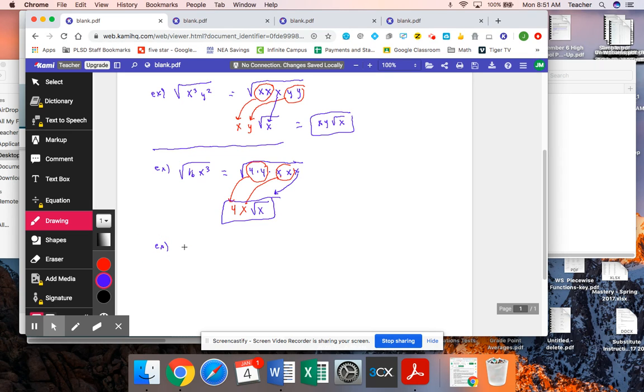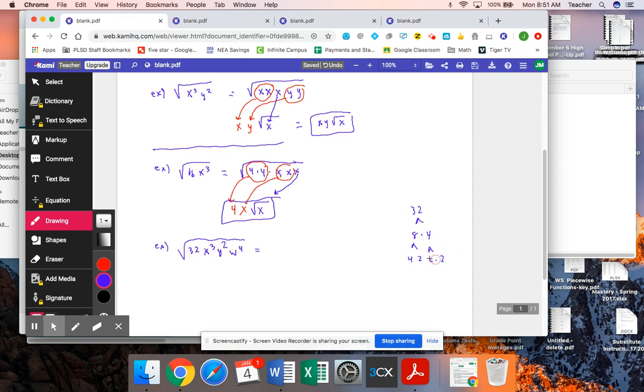And then let me try one that's a little bit longer, like 32, x cubed, y squared, and then w to the fourth. Still the same idea. Let's write this thing in prime factors. Well, I don't know 32 off the top of my head, so let me break that down. That's 8 times 4. That gives me 4 times 2.